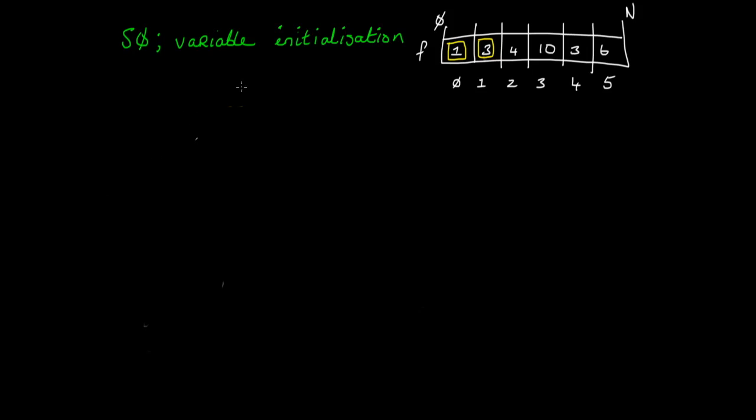So S0, initializing our variables. If we consider the problem, what we need to do is find the largest element in the array and then figure out what index it's positioned at. So if we look at this sample array, we'll see that it's really just a comparison problem.